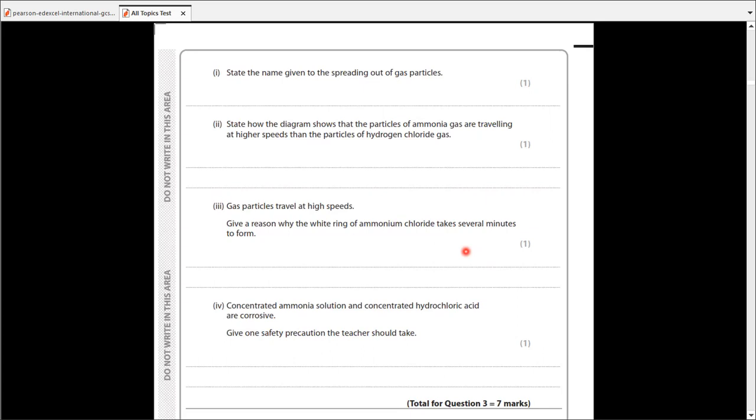So you can mention a couple of safety precautions instead of just mentioning one. It's always better to mention more than one if the experiment requires so, of course.